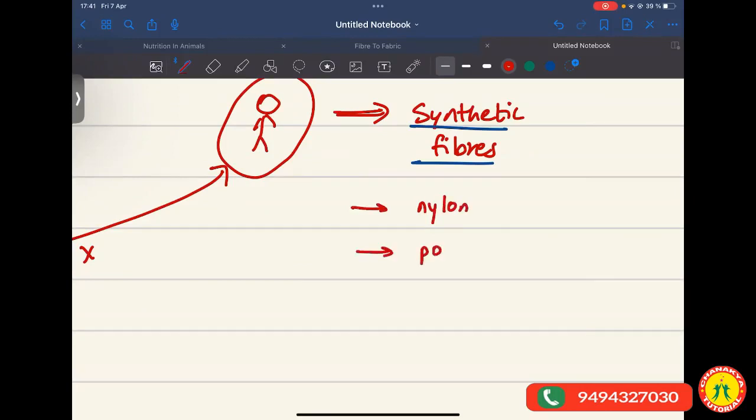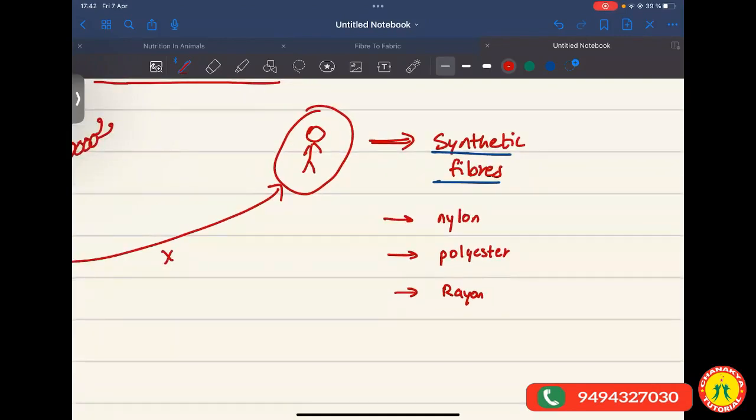You have polyester. You have rayon. These three examples are enough. You have many others, okay? You have microfiber, acrylic fiber, polypropylene, so many names of synthetic, human-made fibers. But these three are the most commonly used human-made fibers. You can just note it down.